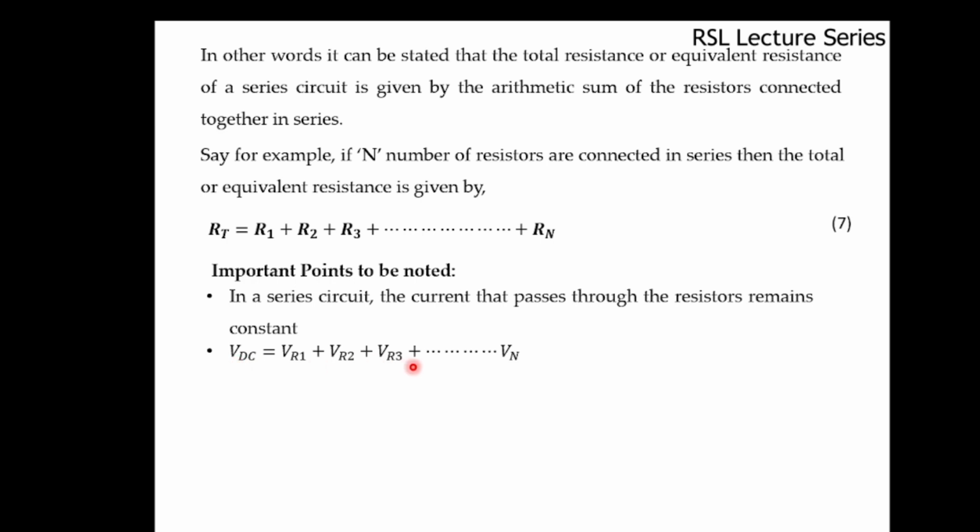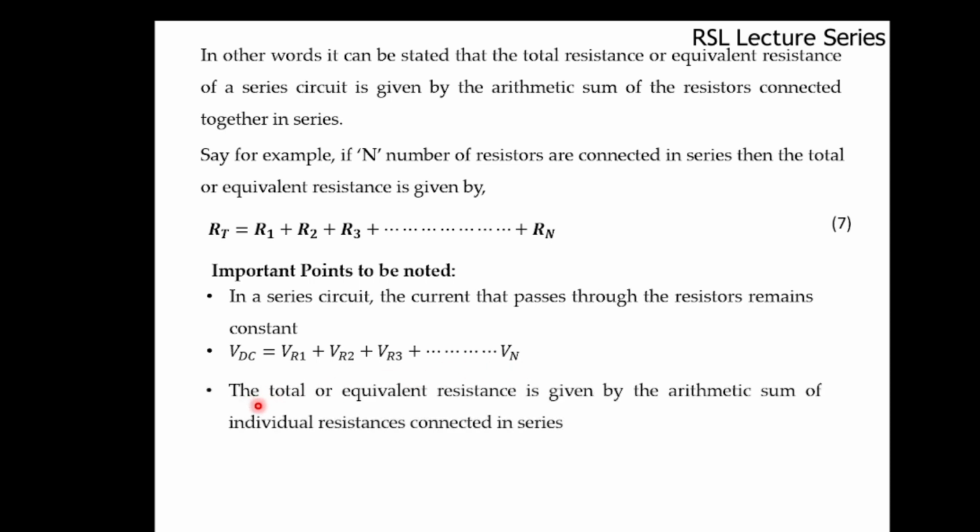The voltage will divide. VDC is equal to VR1 plus VR2 plus VR3 and so on up to VRn. The total or equivalent resistance is given by the arithmetic sum of all the individual resistors connected in series. And the total resistance will always be more than the individual resistances. That is, RT is more than R1 as well as RT is more than R2 and so on.